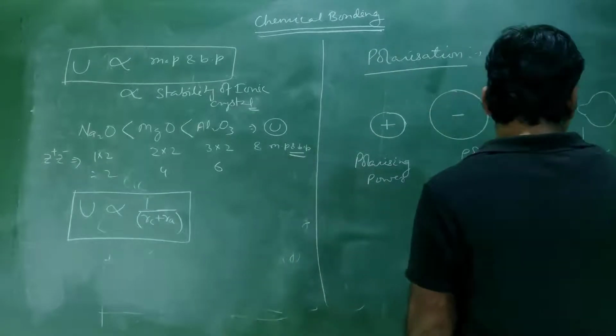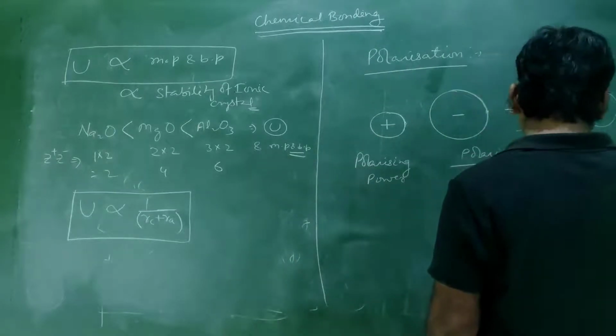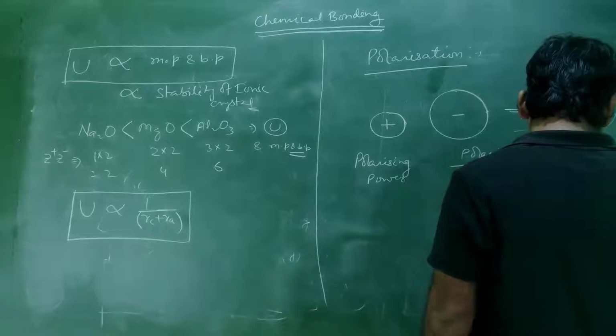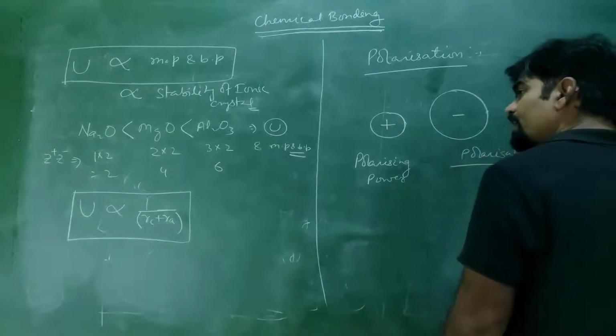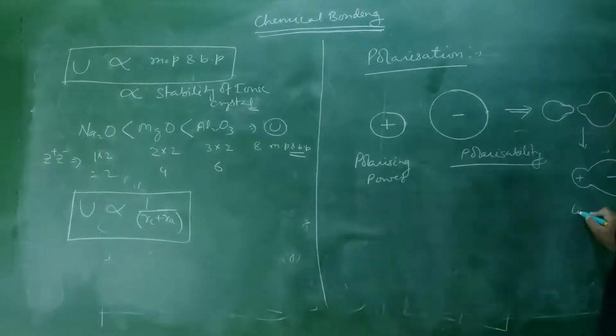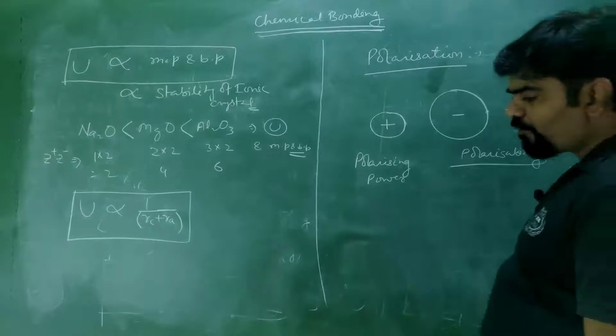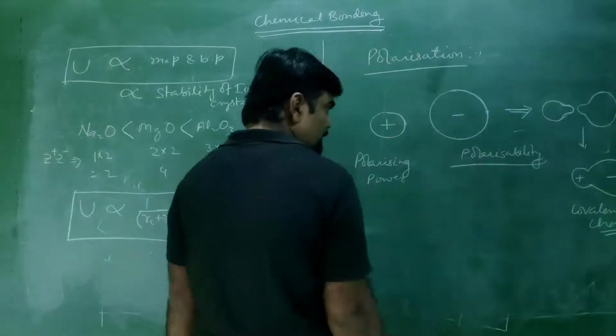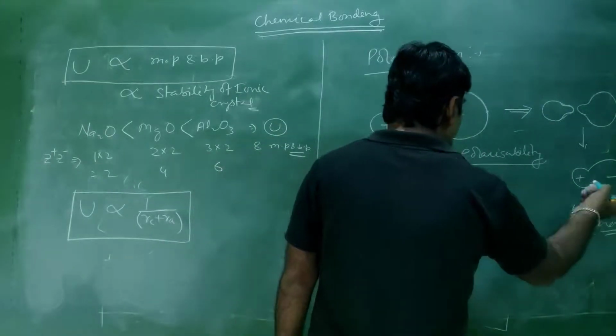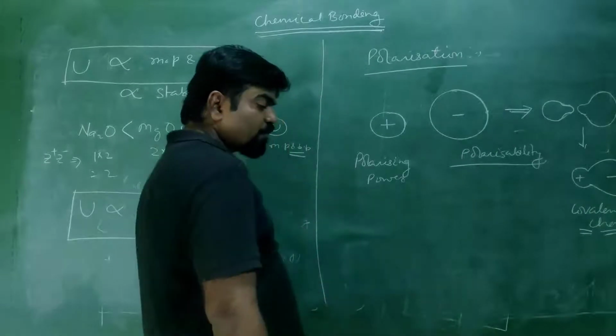This phenomenon is called polarization, and it is the process which develops covalent character. It gives the character of overlapping of orbitals, so they develop covalent character.